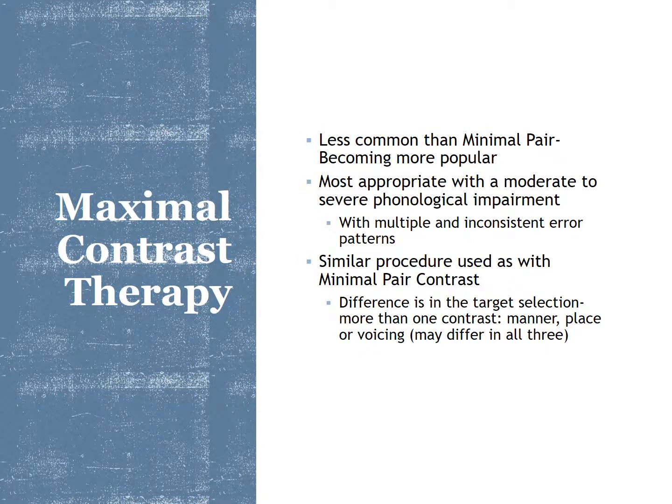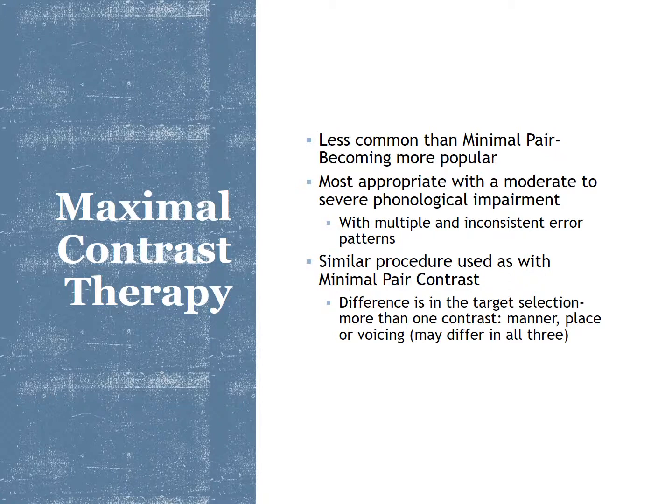So moving forward, now let's talk about maximal contrast therapy. So this second approach could also be called maximal opposition. This approach is less common than minimal pairs, but is becoming more popular.